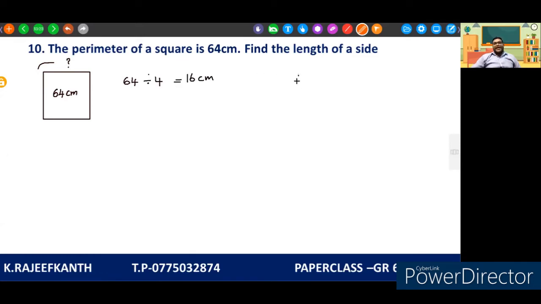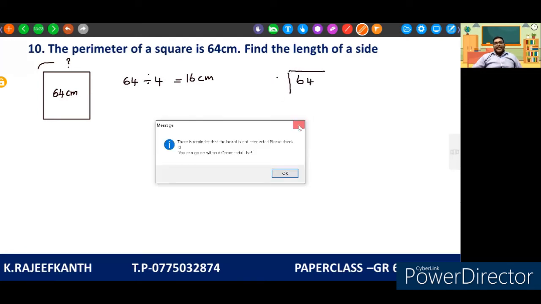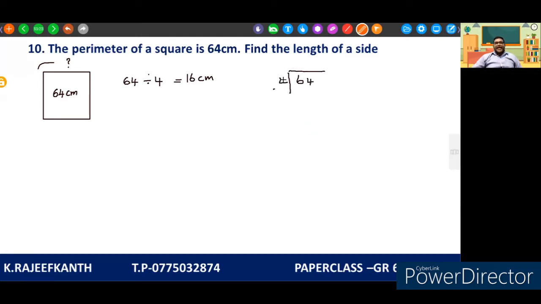Here we can divide 64 by 4. In 6 there is 1 four, then 2 remainder. Now we have to bring down this 4. Then in 24 there are 6 fours. Then remainder 0. Then the answer is 16 centimeter.